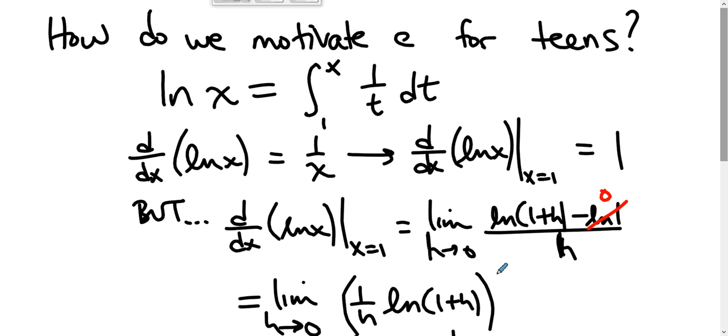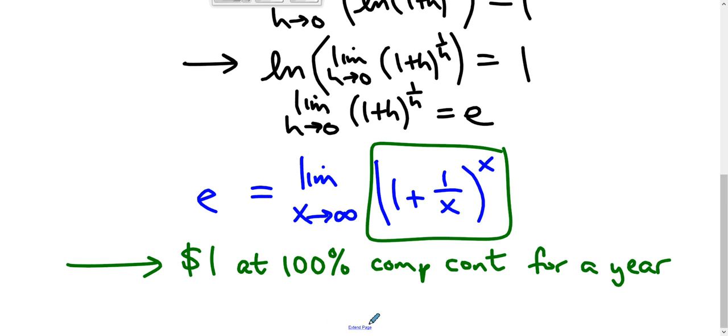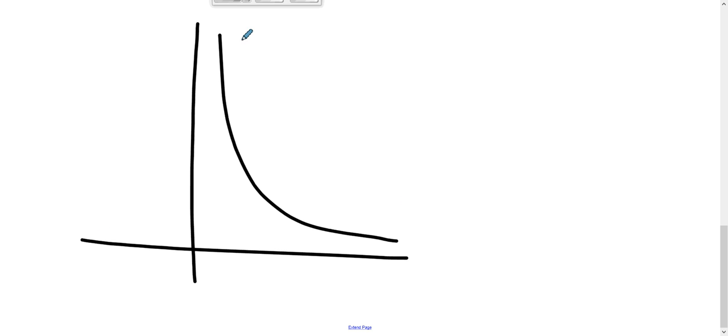You could try to motivate it off of the original picture. Here's 1 over x that we all know about. Here's x equals 1. So here's some limit that's some area that's 1.